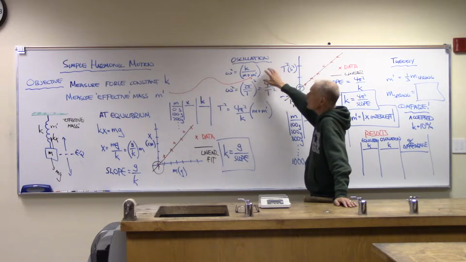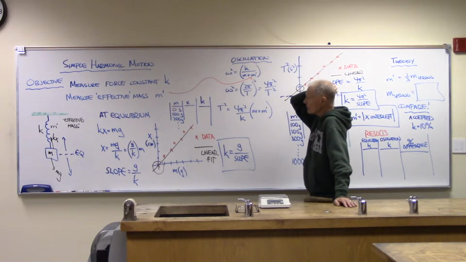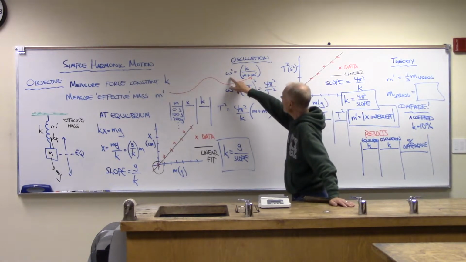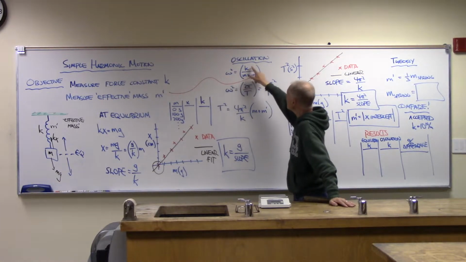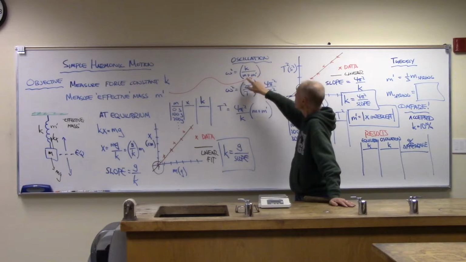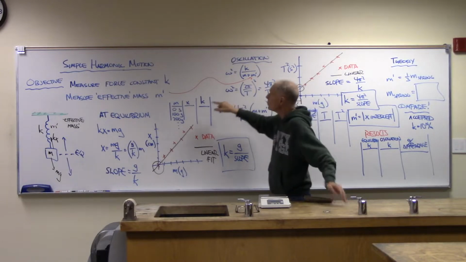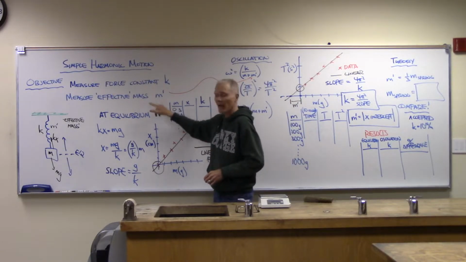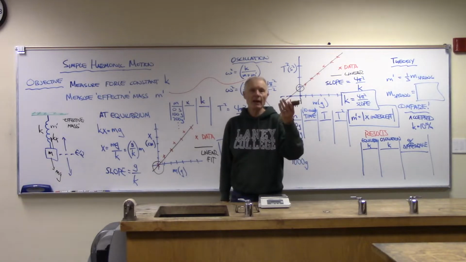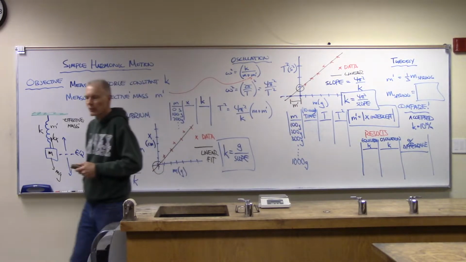Now for oscillations, for simple harmonic motion type oscillations, we say that the angular frequency squared is equal to the force constant divided by the mass. Now notice, in the oscillation case, I am including what I'm calling an effective mass of the spring. And by effective mass, this is what we mean.